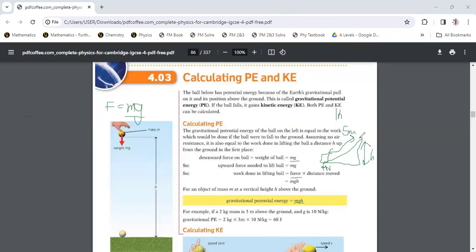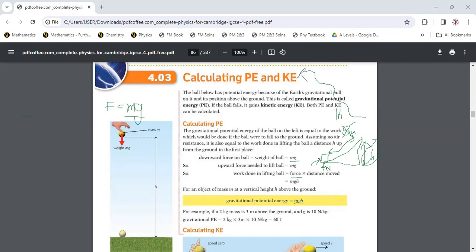So questions might trick you. Sometimes they have slopes and everything, but do not concern yourself with this slope unless you're using your force to move it up the slope. If you're talking about gravitational potential energy, always consider only the vertical height. So it doesn't matter whether you go down like this or so.